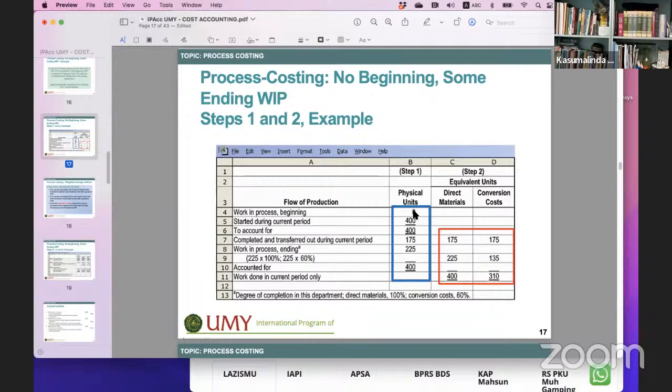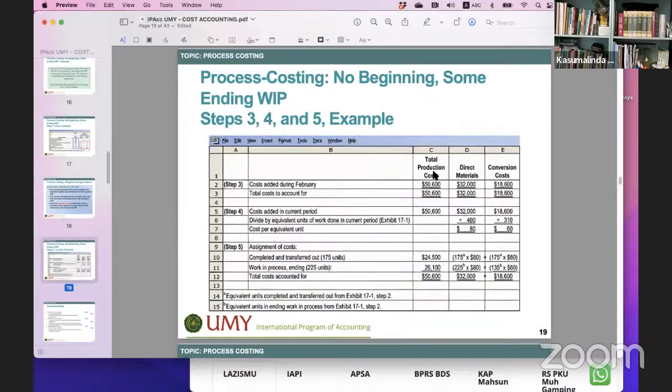The units for the work in process is 0, so the cost associated with the units should also be 0. That's why when we analyze the cost, it doesn't show you the beginning work in process cost. It only shows you the cost added during February.